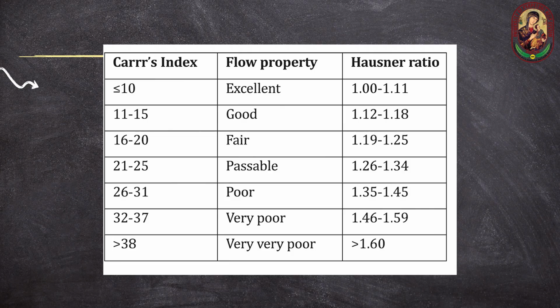In pharmaceutical manufacturing, these two values guide us in adjusting formulations, maybe adding glidants like talc or colloidal silica to improve flow before compression or encapsulation. So remember, Carr's index and Hausner ratio are like powder behavior reports. They tell us whether the powder is calm, cooperative, or completely stubborn during tablet making.